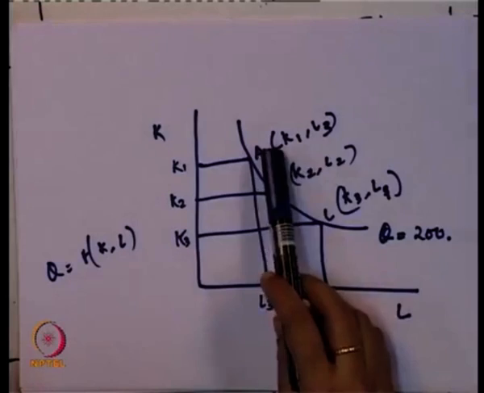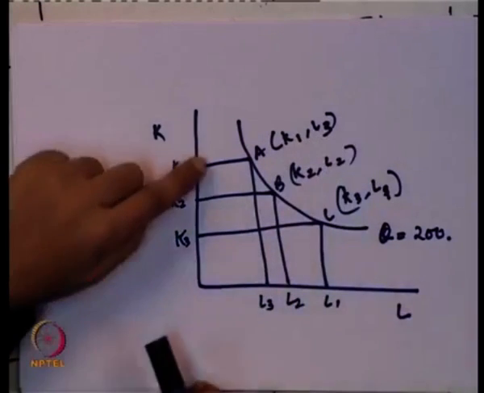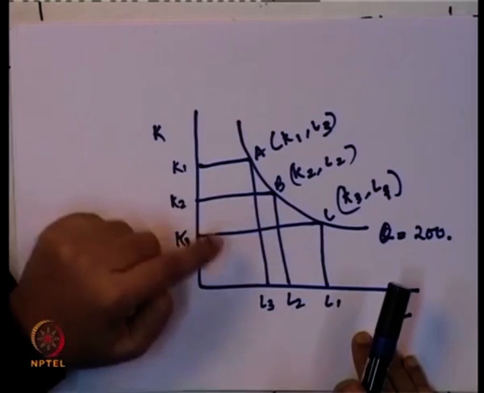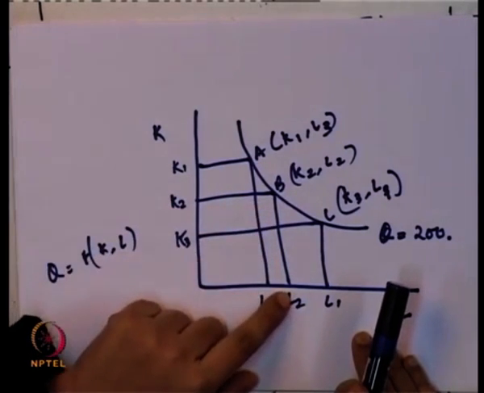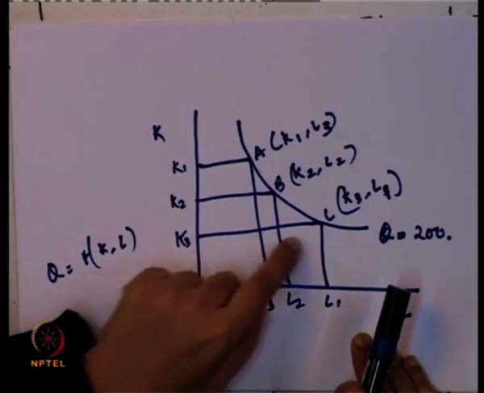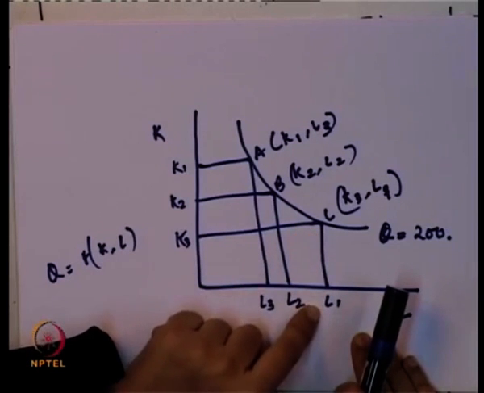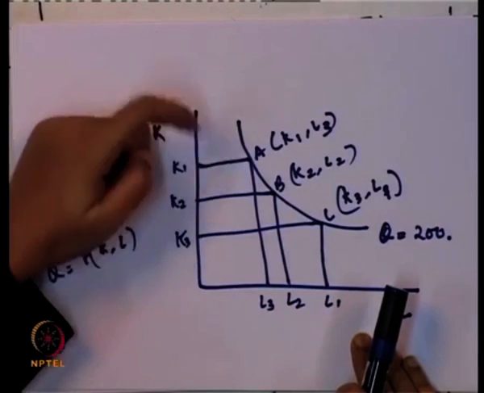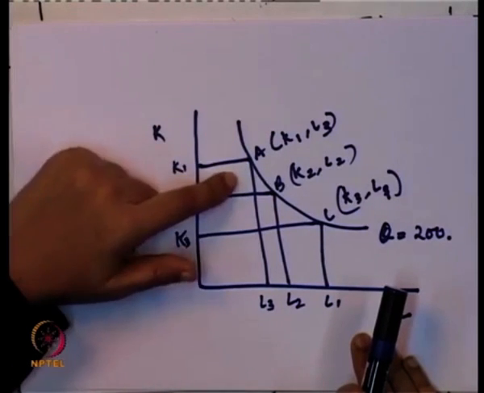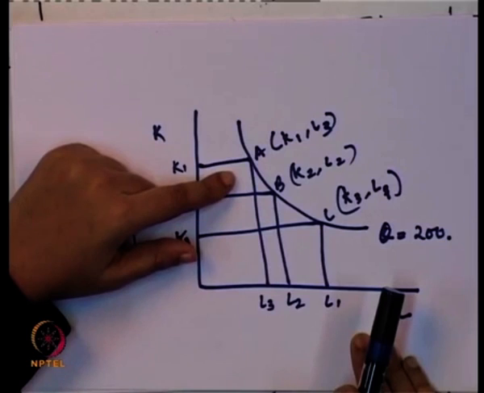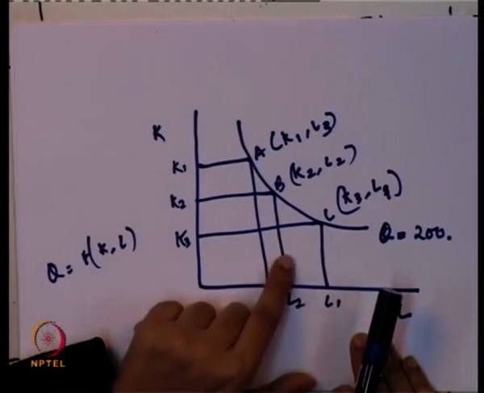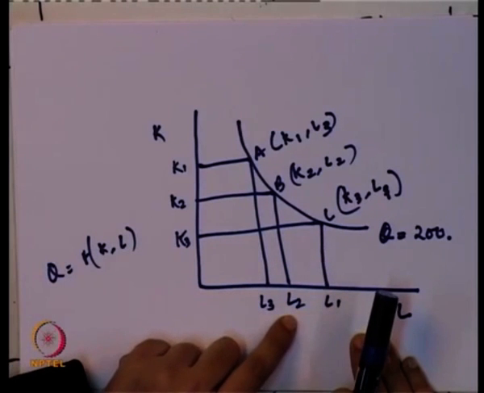A gives more capital and less labor, B gives a moderate amount of capital and labor, and C gives more labor and less capital. So A is the capital intensive production process because it uses more capital and less labor, and C is the labor intensive production process because it uses more labor and less capital.